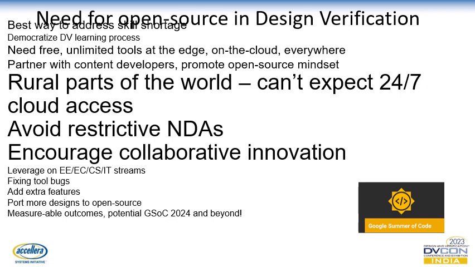Essentially, from an academic institution perspective, you could leverage your various streams of students and talent. It could be from your electrical engineering, communication stream, or computer science or IT streams. The IT and CS students specifically could help you fix the toolbox, or add features to things like Verilator or Lint. If you're an aspiring DV engineer, you could put more designs into open source, and this could also be done by industry folks who are willing to contribute more than their regular day-to-day job and want to make an impact in the industry.